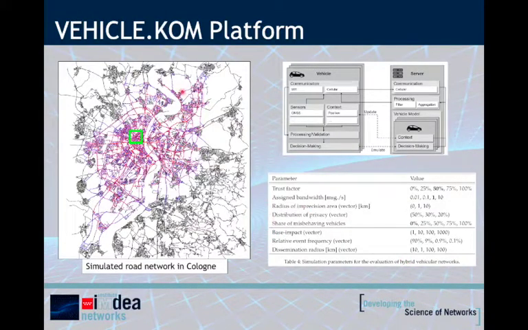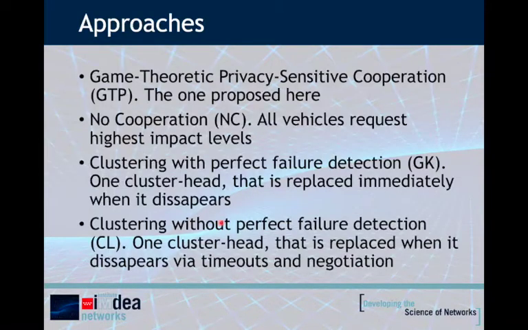So this is the appearance of this platform, in which you can describe the behavior of the server, you can describe the behavior of the vehicles, and you can introduce all the parameters of the simulation. And this is the map of Cologne that is used, where the square shows the area in which our cluster of vehicles is placed.